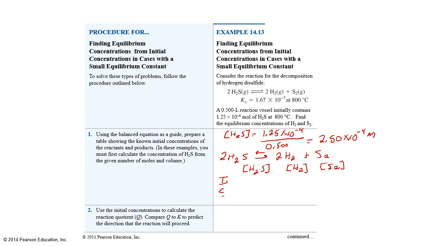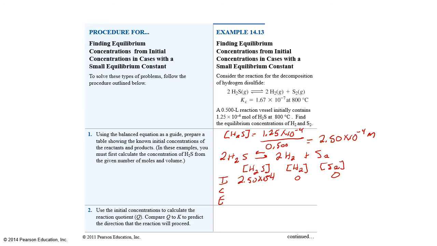Remember, I stands for initial, C for change, and E for equilibrium. We know the initial concentration of the H2S. The hydrogen is going to be 0, and the sulfur is going to be 0 because we're starting with just the dihydrogen sulfide.